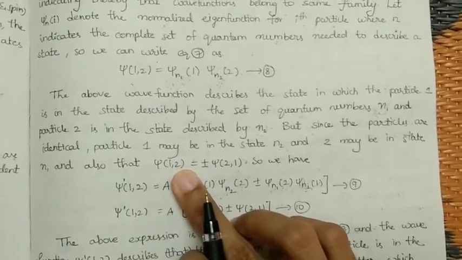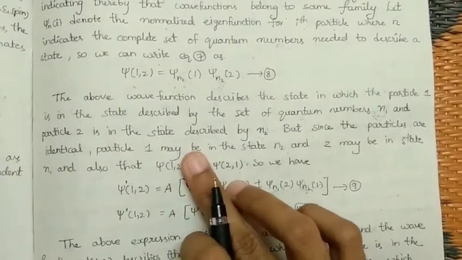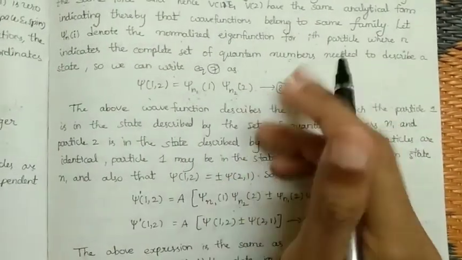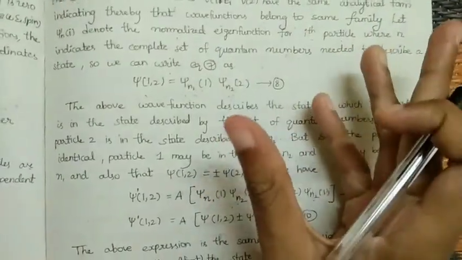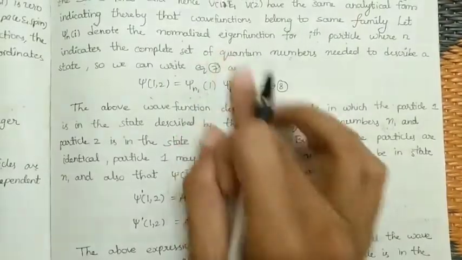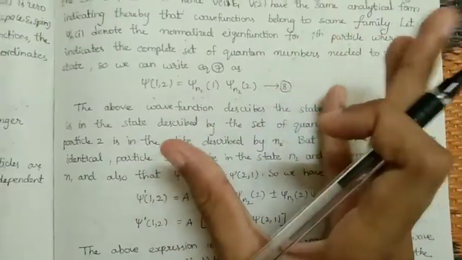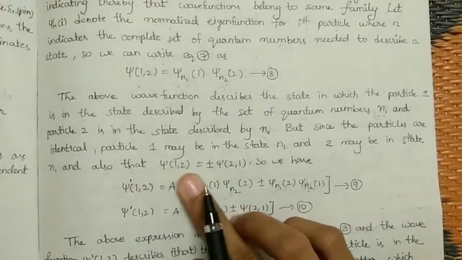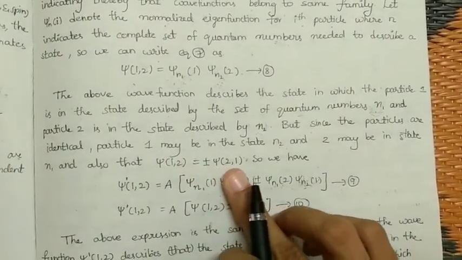As the two particles are identical, if they exchange their positions, we still cannot find the difference. They would look the same as before. And also xi of 1,2 is equal to plus or minus xi of 2,1.